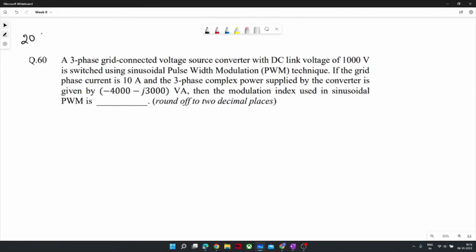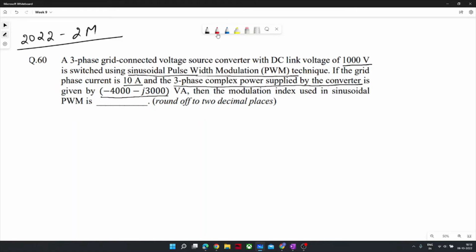It also asked for 2 marks. Here, the grid is connected to a DC link voltage of 1000 volt, and it is switched using sinusoidal pulse width modulation. The grid phase current is 10 ampere, and the three-phase complex power supplied by the converter is given.